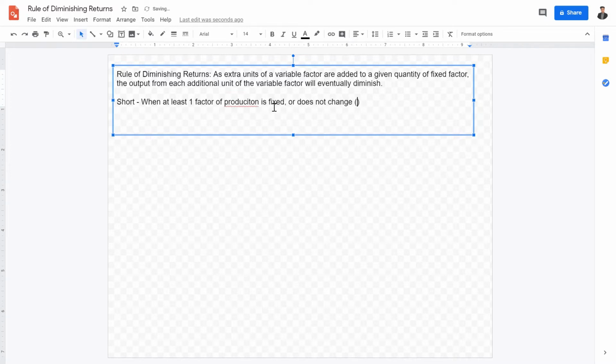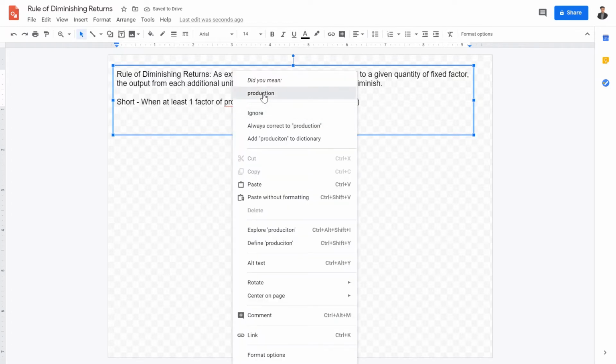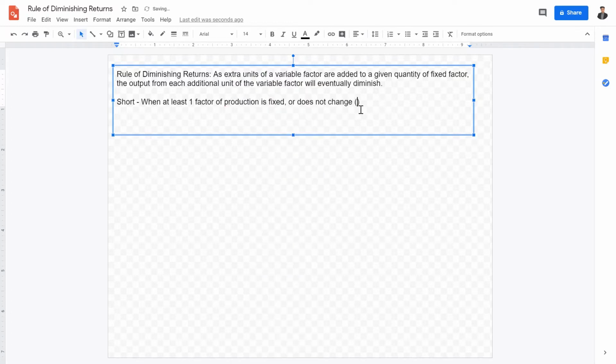A quick review: factors of production are capital, technology, labor, or tools.